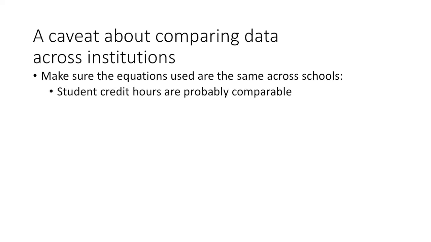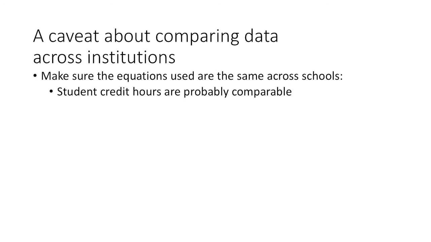Student credit hour calculations are probably pretty comparable, but once those student credit hours are converted to FTE students, they may no longer be comparable, because I might define a full-time student as 32 credits. You might define it as 30 credits. If we're talking about graduate students, we might define it as 18 credits or some other number. And so it's important to know that if you're doing all the calculations, you can make comparisons reasonably across programs and time. But if you're not doing all the calculations, you have to ask first, what's their method? Did they use the same equation I'm using?